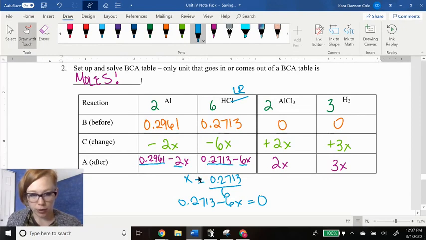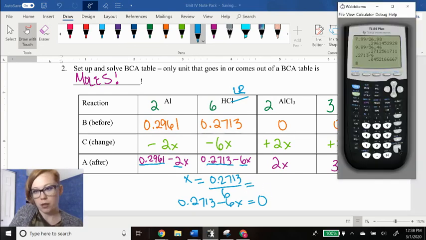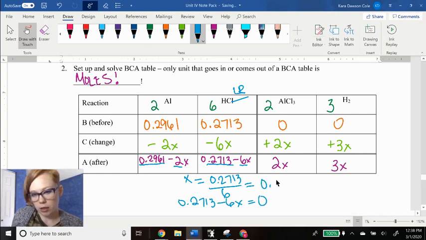So then I just pulled the 0.2713 over and then divided it by 6. So my x is equal to 0.0452. And again, I'm going to put one little extra sig fig there, just because I don't want to round too much here. Now, that number is my x value.